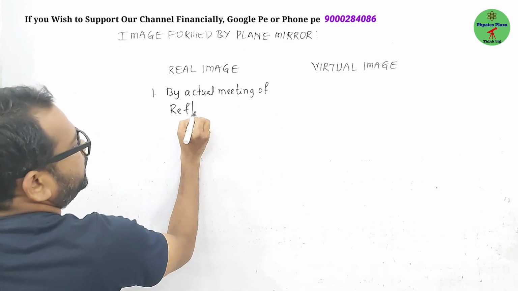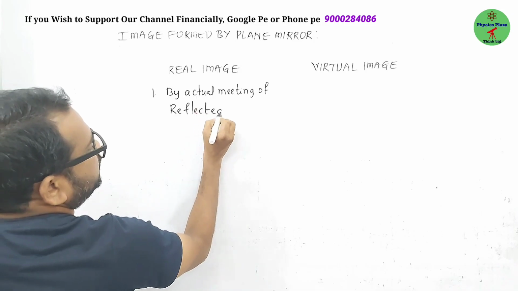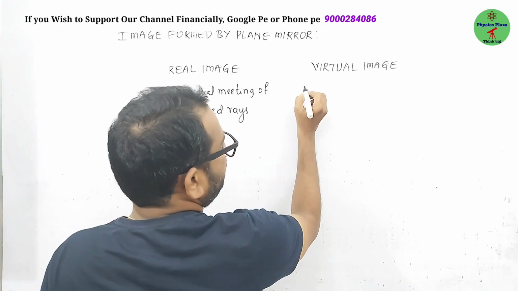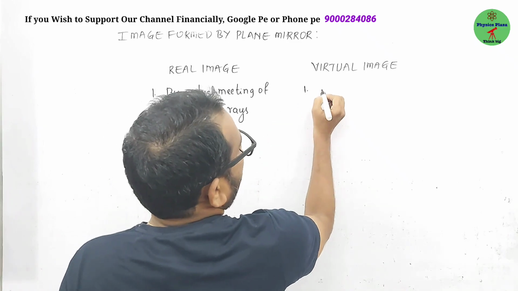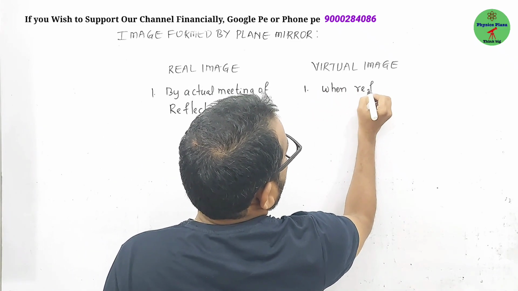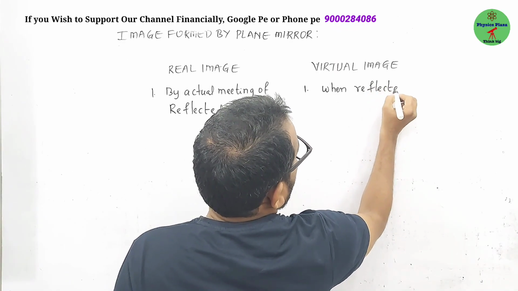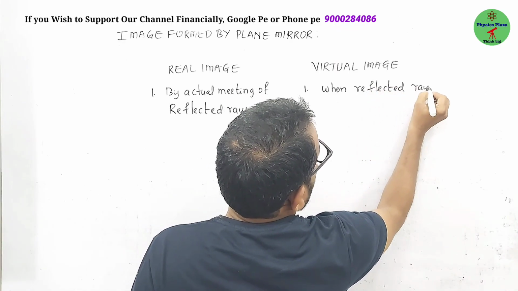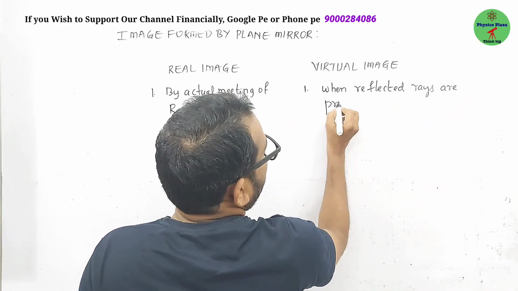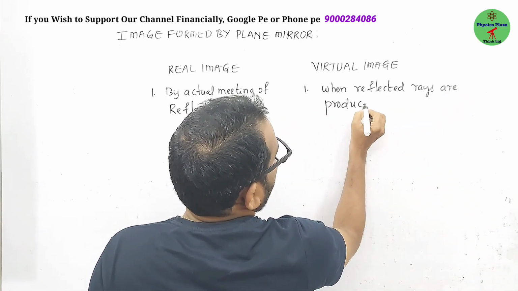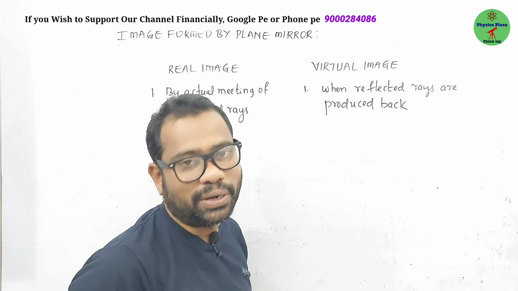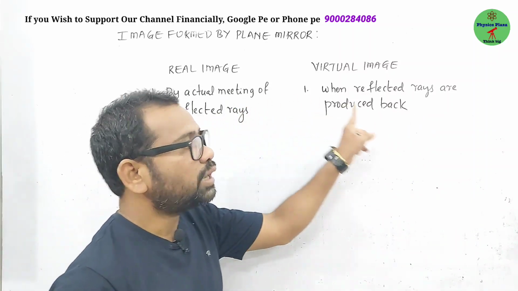But a virtual image is formed when reflected rays are produced back. When reflected rays are produced back, then they appear to meet. Here actually they will meet, here they appear to meet.